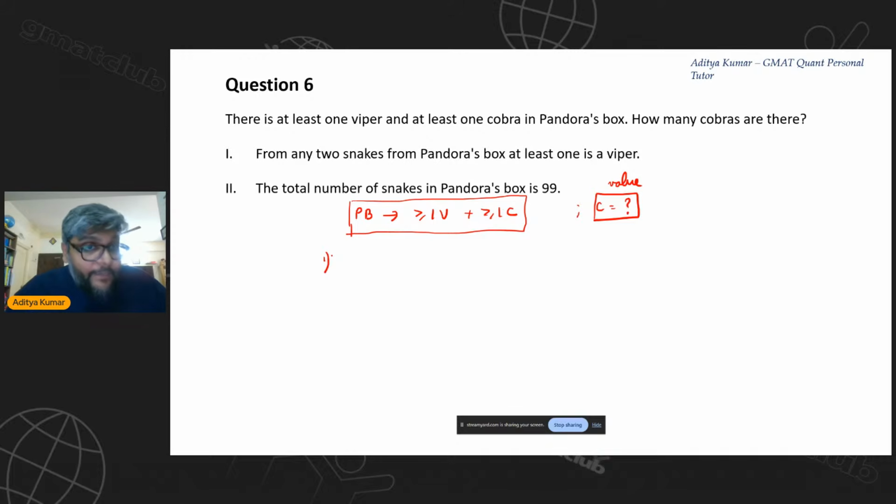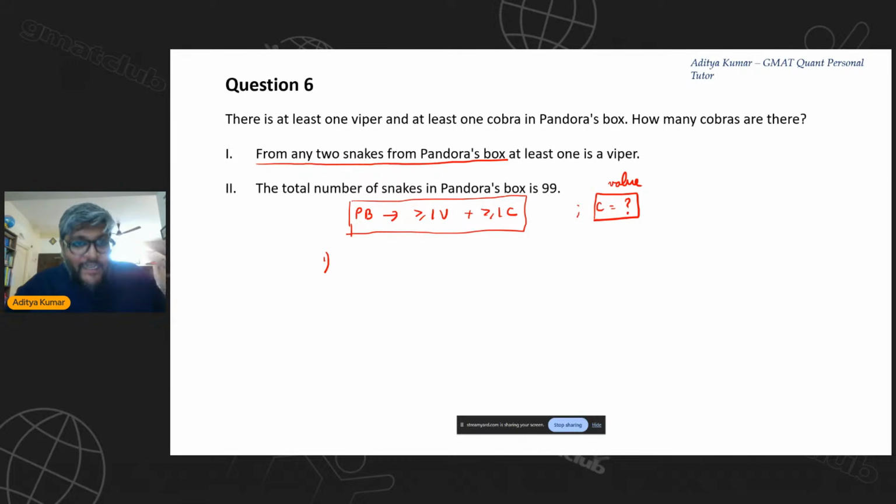Now this is where you have to read the questions carefully. From any two snakes from Pandora's box. That means if you put your hand inside the Pandora's box, hopefully you don't get a snake bite, but if you put your hand inside the box and you pick up any two snakes, at least one is a viper.